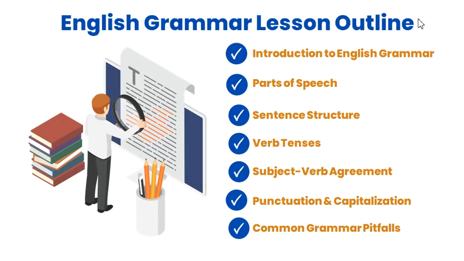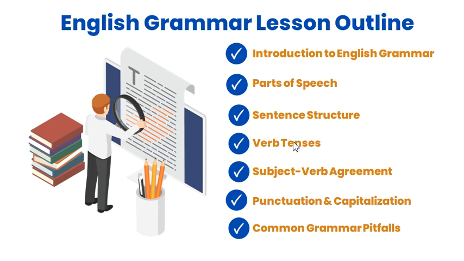The English grammar lesson outline. In order to achieve your goals in this English grammar lesson, you will be able to learn and understand the following topics. Introduction to English grammar: we will cover what grammar is and why we need to study grammar. Then parts of speech, which covers the different word parts and sentence structure.